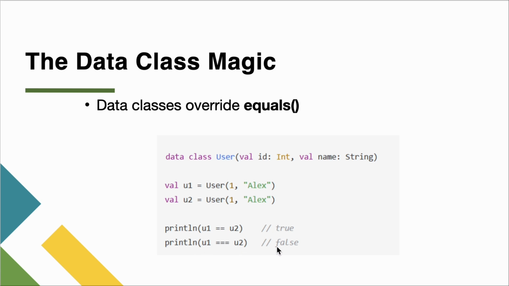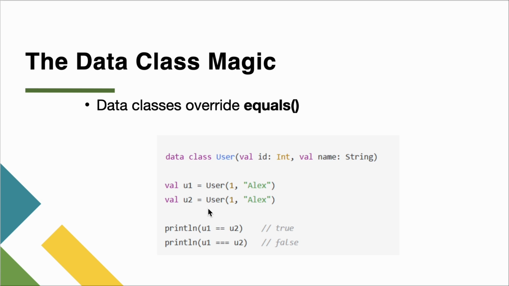Why? As I've mentioned just now, data classes internally override the equals method, which is going to check the equality of the content that you're passing in the parameters. Since both user objects have the same data, 1 and the same name Alex, it is going to return true always.